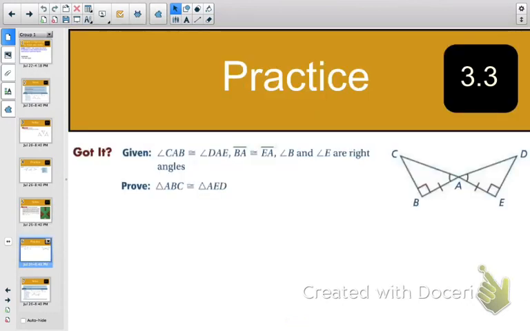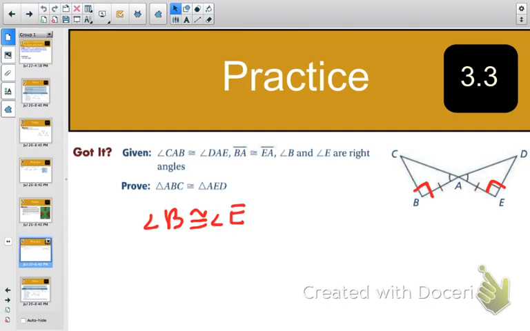Okay, let's look at this one. We want to show that they're congruent. So again, we have two right angles, B and E. So that tells us that angle B is congruent to angle E because they are both right angles.